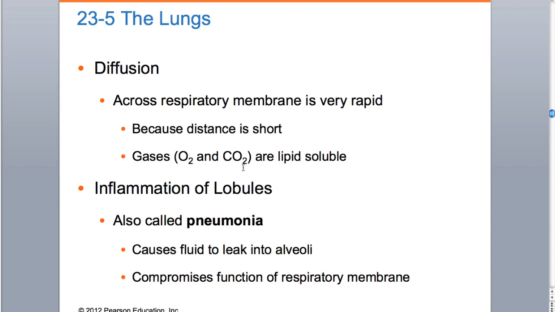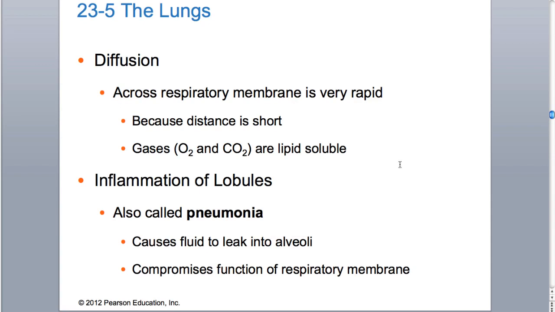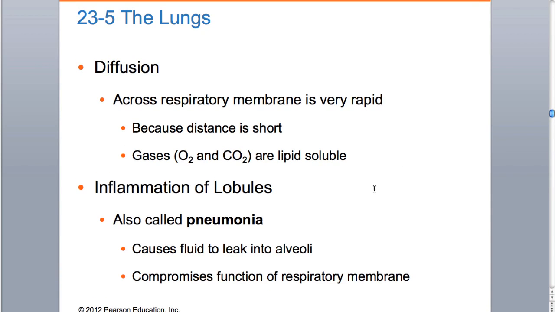Just like what opened the heart valves opened because of pressure gradient. Same way here. Oxygen will move because of pressure gradient. Carbon dioxide will move because of a pressure gradient. Okay, any questions, concerns on that comment?